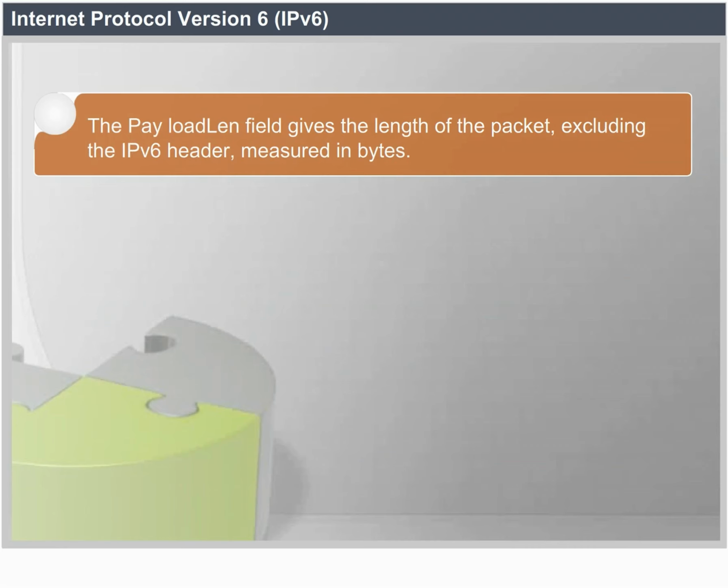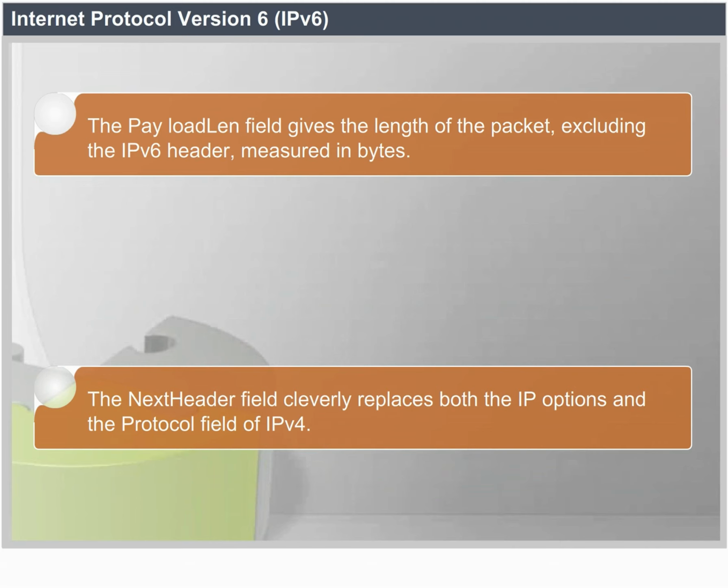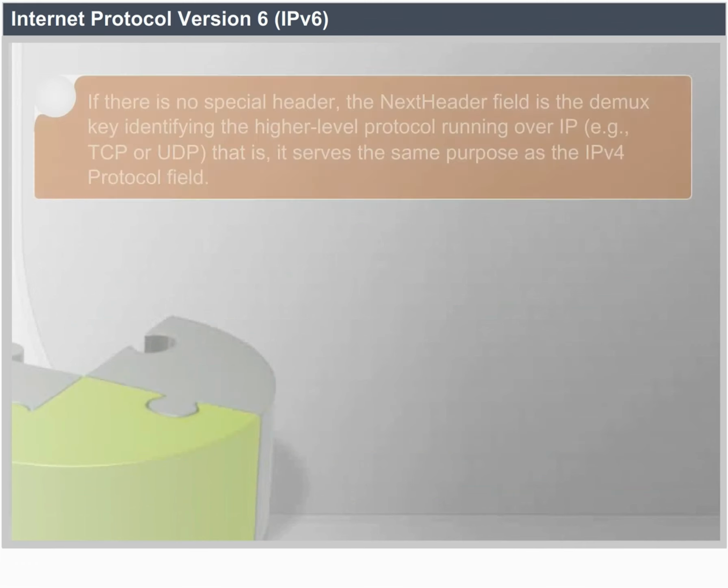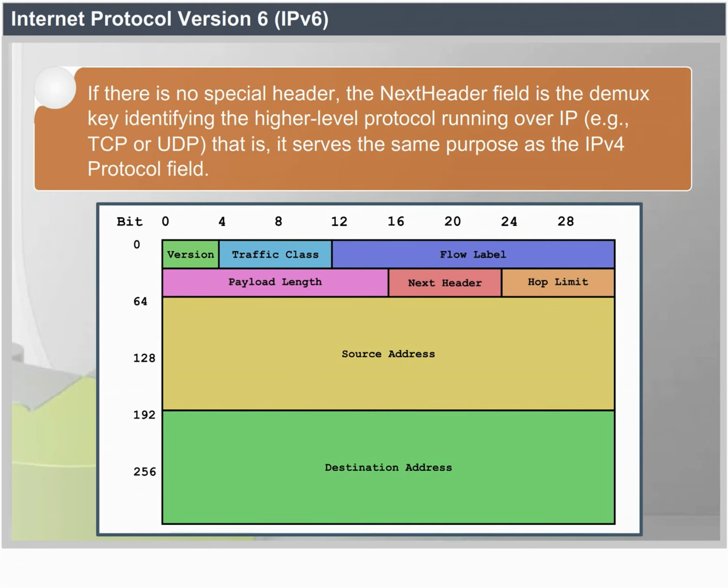The next header field cleverly replaces both the IP options and the protocol field of IPv4. If there are no special headers, the next header field is the demux key identifying the higher level protocol running over IP, for example TCP or UDP. That is, it serves the same purpose as the IPv4 protocol field.